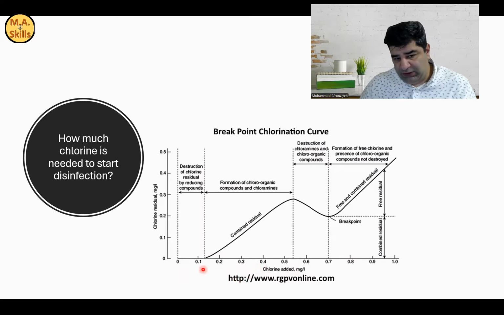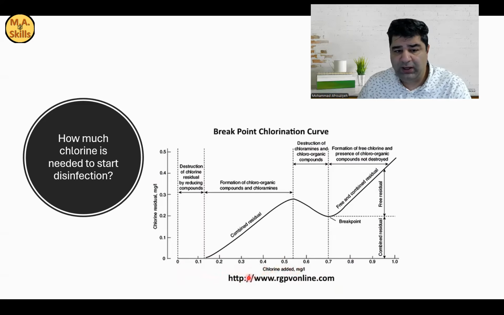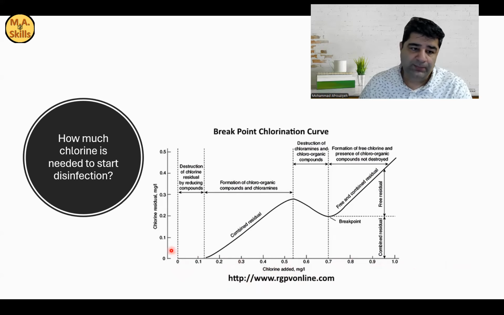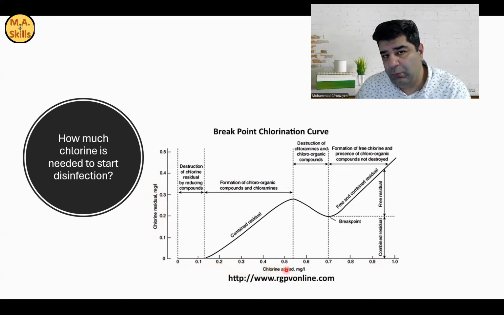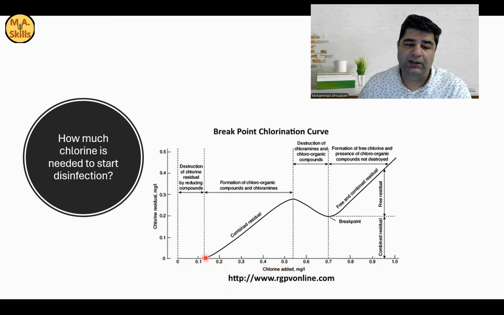We are going to inject chlorine. As you can see, as we are injecting more chlorine into the water line, the concentration of chlorine residuals is going up.